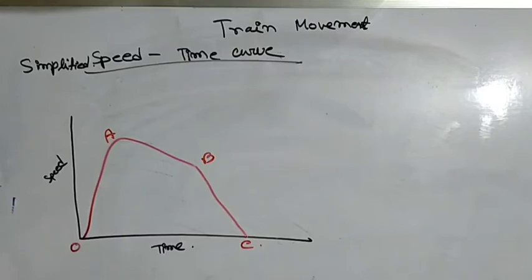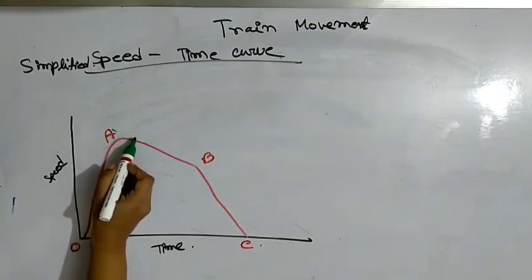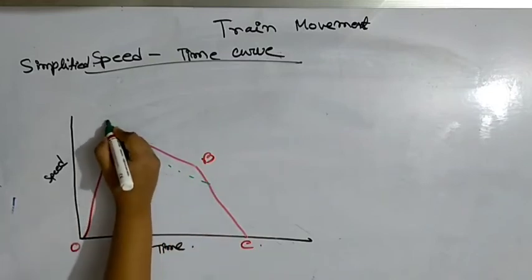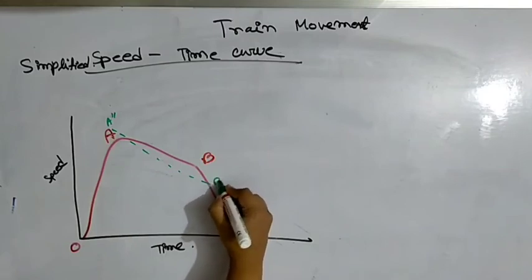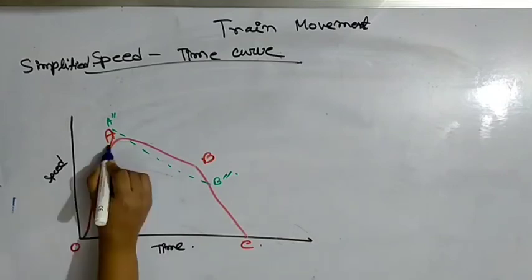Now in the case of the simplified trapezoidal speed time curve, this is A double dash and this is B double dash. Now O A double dash, B double dash, C is the speed curve, with running and coasting periods extended.